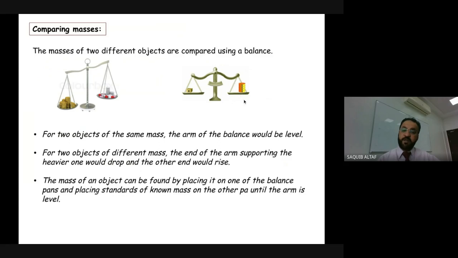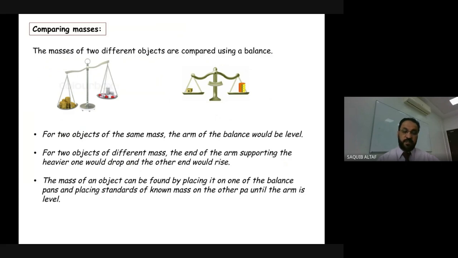You can see that there are two different parts of this balance. You will hang the mass on one side, so it will fall down. So you will put another mass on the other side. When both side masses are equal, you will see that the arm will be a straight line. It means that both masses are equal.